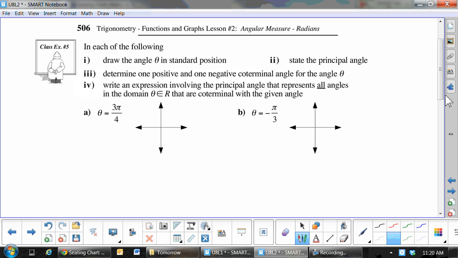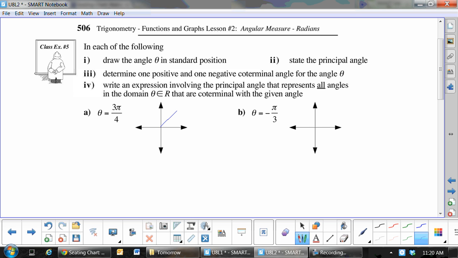Now, this is how I have memorized the unit circle. Whenever I see anything over 4 or 2, I know exactly where it is. I just want you to watch, okay? Starting at 3 o'clock all the time.